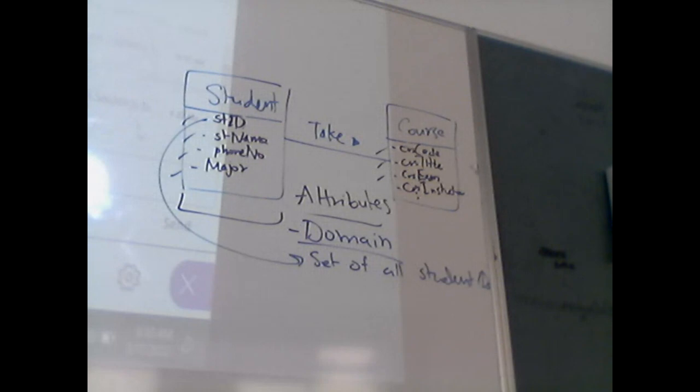I think 8 or 9. We started before accepting 8 characters only. Now it becomes 9. MashaAllah, the number of students is growing. Okay, 9, 10, yes, we can do that. So this is the domain of every attribute.